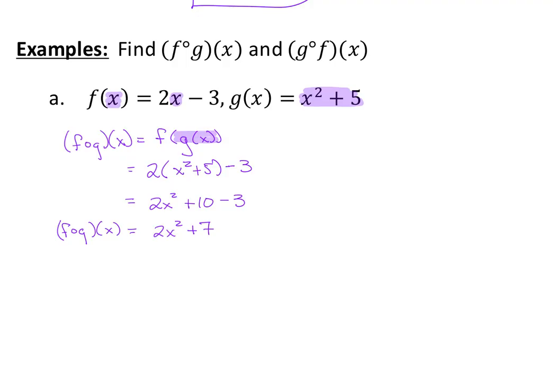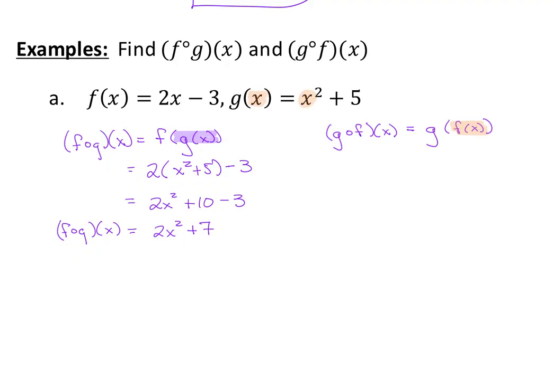All right, now we're going to go ahead and go the other direction. And so the other direction, we're going to do g of f of x. And for this one, what we want to do is we want to take our f of x, and we're going to plug it into g.